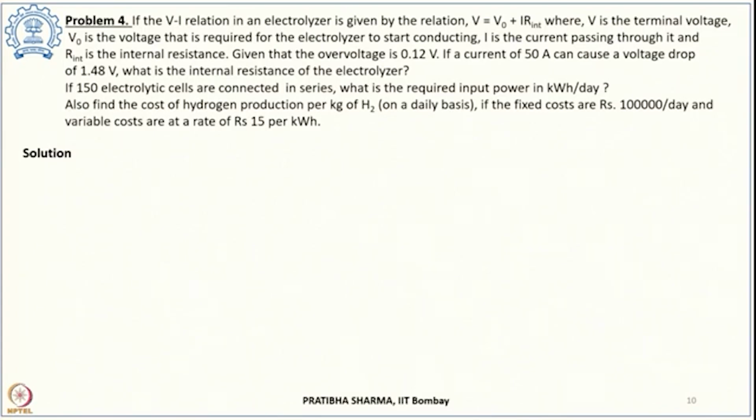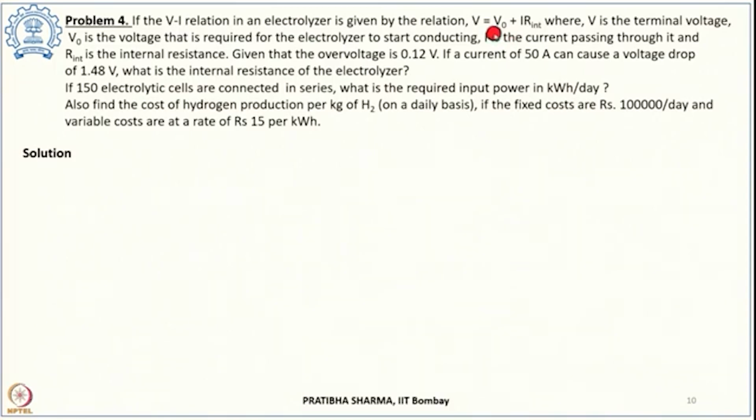The problem statement is that the voltage-current relation in an electrolyzer is given by V is V naught plus I R internal, where I is the current passing through it, R is the internal resistance, V is the terminal voltage and V naught is the minimum voltage required for the electrolyzer to start conducting.